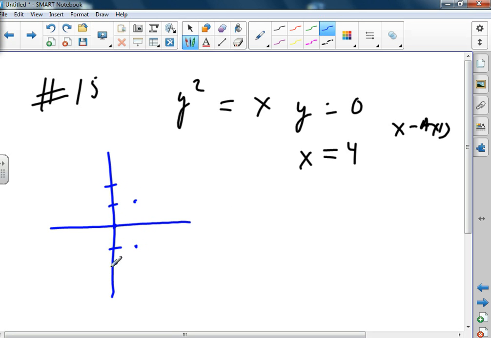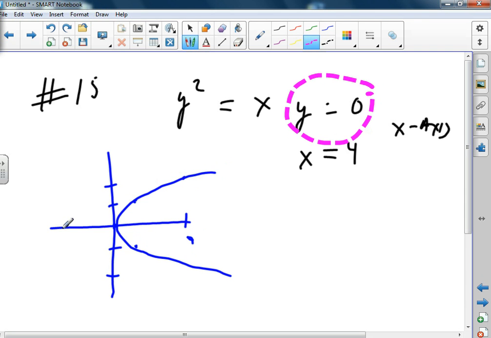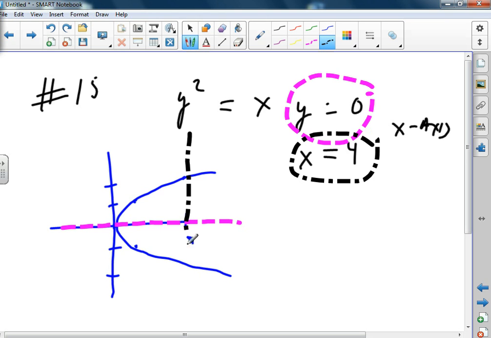When y is 2 or negative 2, I'm going to be out there at 4. Okay, so I got something that looks like this. And then I've got y is equal to 0, which is that guy right there, and then x is equal to 4, which is right here. So what we're going to do is rotate this guy about the x-axis.